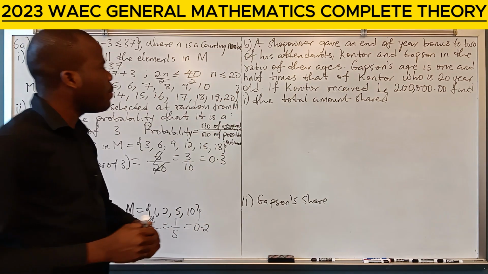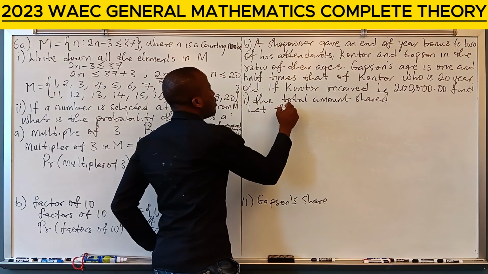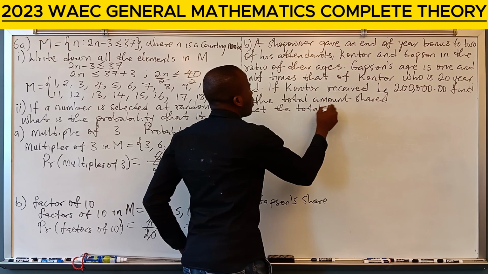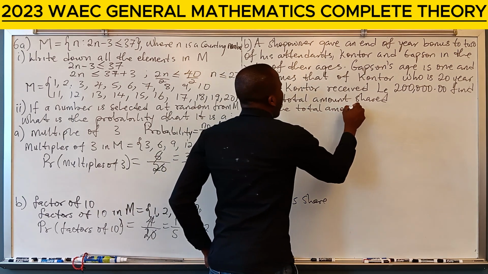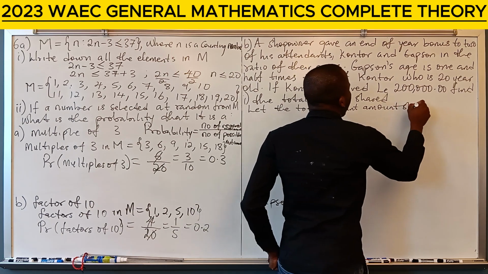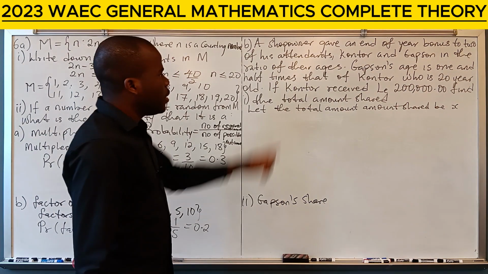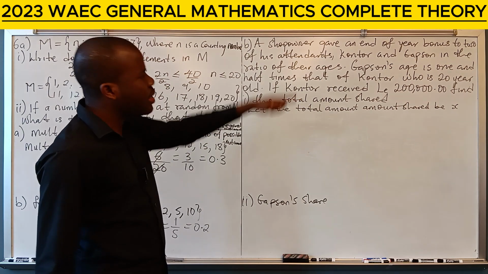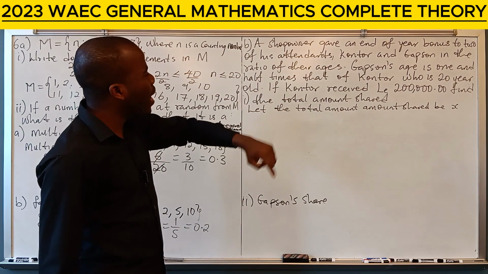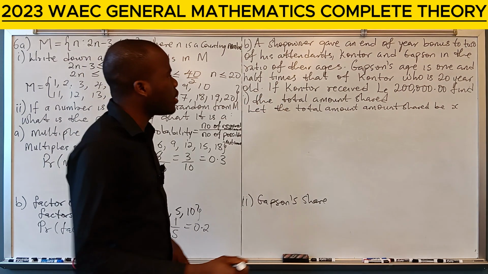So we'd like to start by saying, let the total amount shared be X. The next thing we'd like to do is to find Gabson's age, who is 1.5 times that of Cantor's age, who is 20 years.